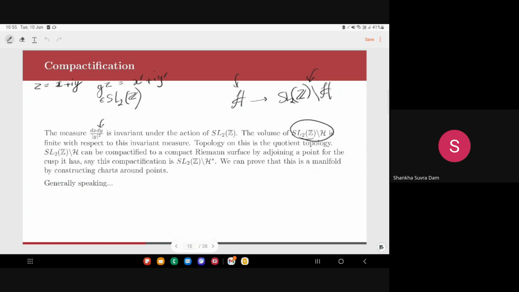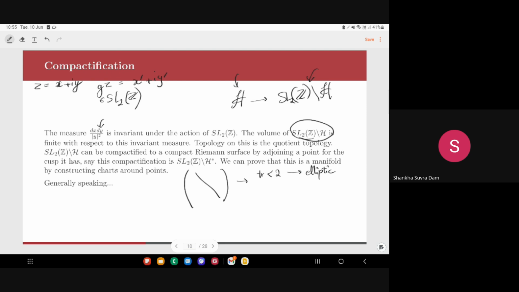For example, some elements in here are known as elliptic elements, some as parabolic, some as hyperbolic. If the SL2Z element has trace less than 2, then it is elliptic.